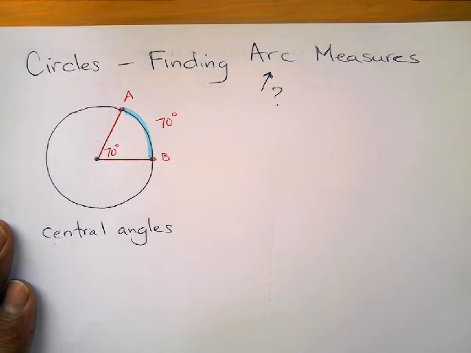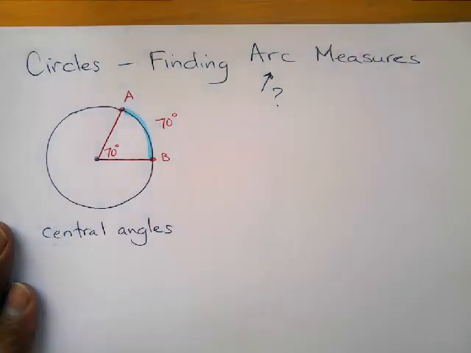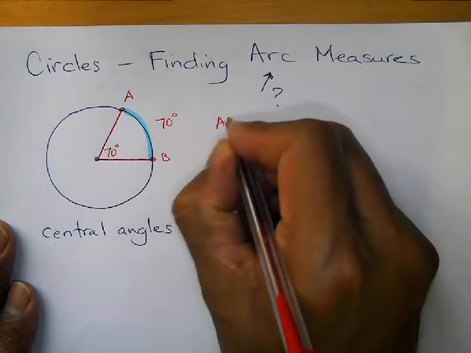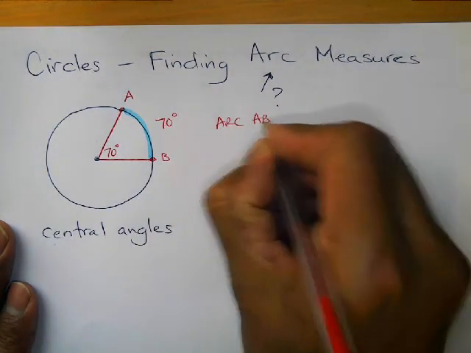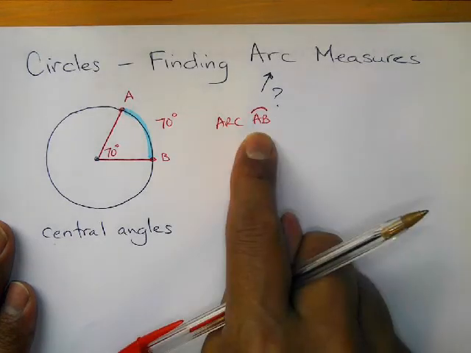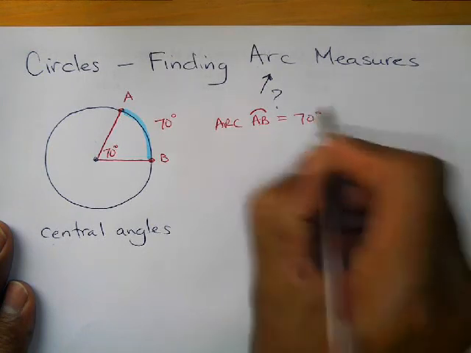That's the measure of the arc, or the degree. Whatever this is, that's the same thing the arc is going to be. So here this arc AB is equal to 70 degrees.